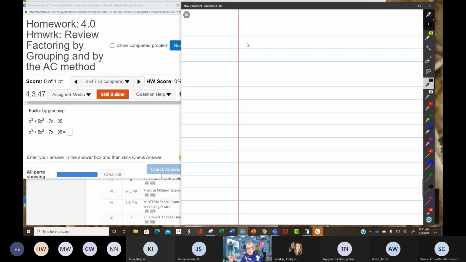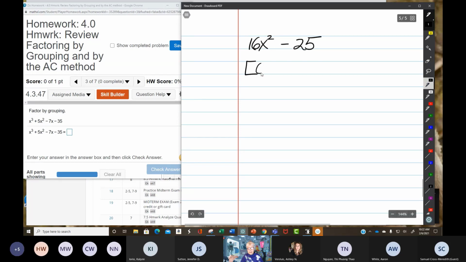If you have two perfect squares, let's make one. How about 16x squared minus, gotta be a minus, 25. There's a special way to factor this. Here it is.